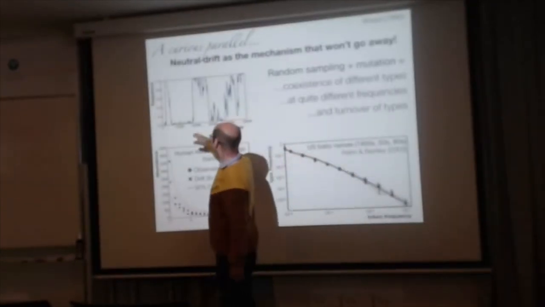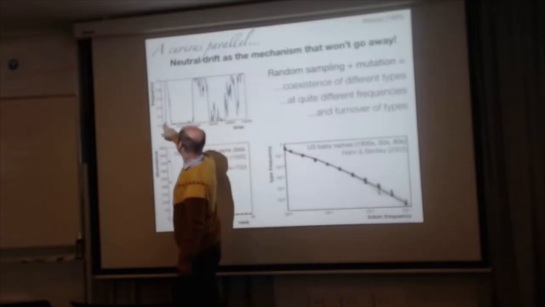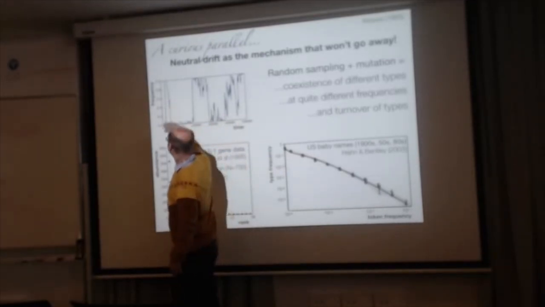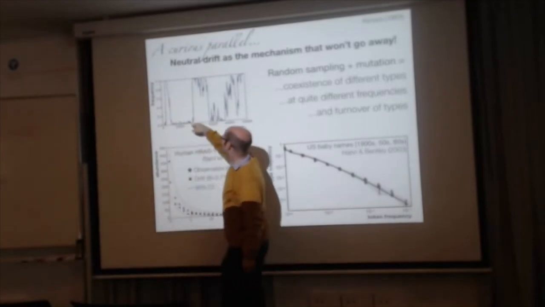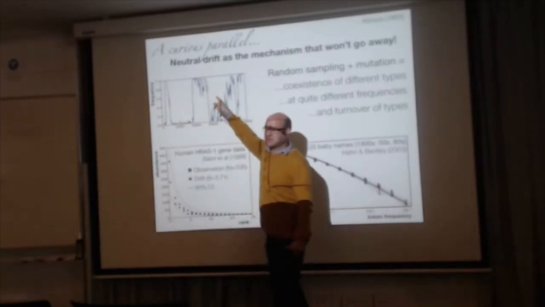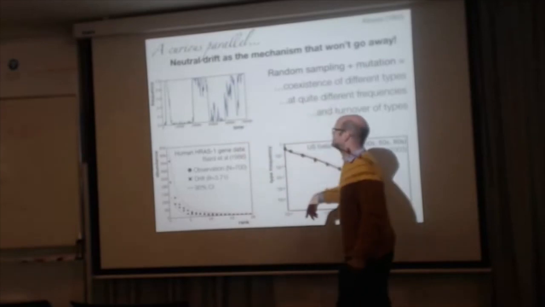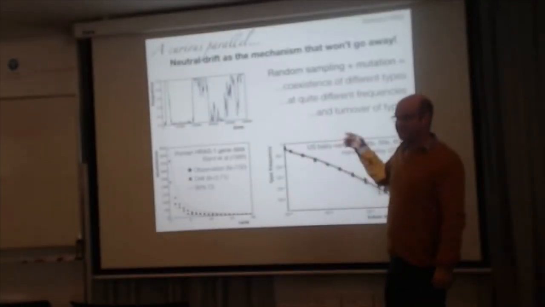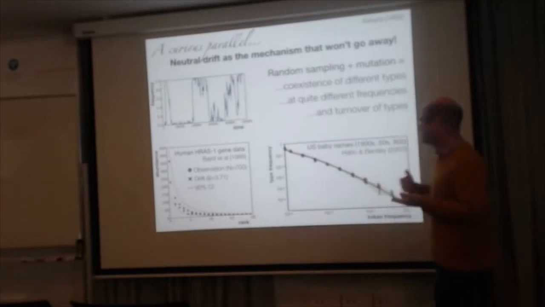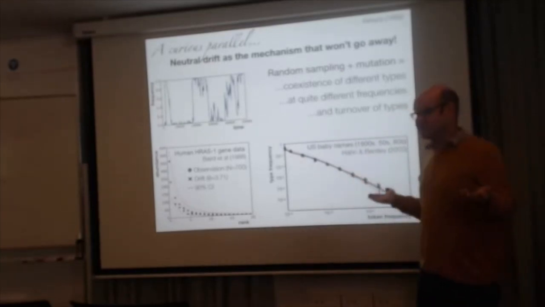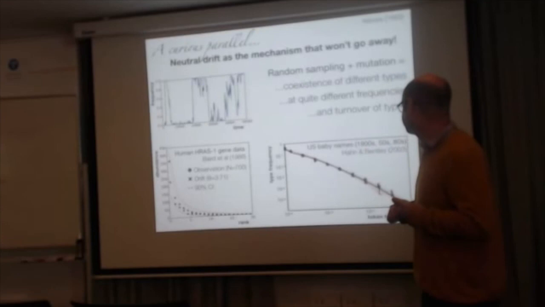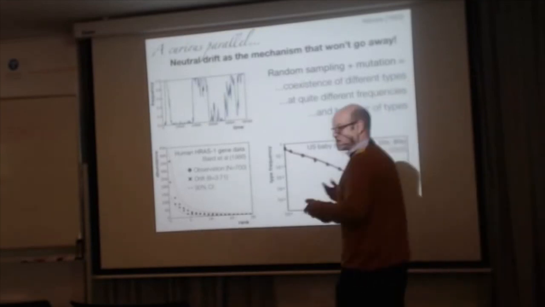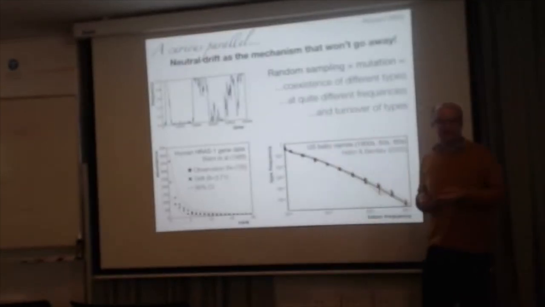So if you just put these two things together, what you find is, so this is the frequency of one of the items. I've just got two items here and we mutate between them. But you have periods where one of them dominates, and then suddenly there's a shift to a period where the other one dominates, and so on and so forth. Now, it's quite noisy, okay, but nevertheless, this process can give you a skewed distribution of different types, and it can give you turnover, change in types, with absolutely no selection going on at all.